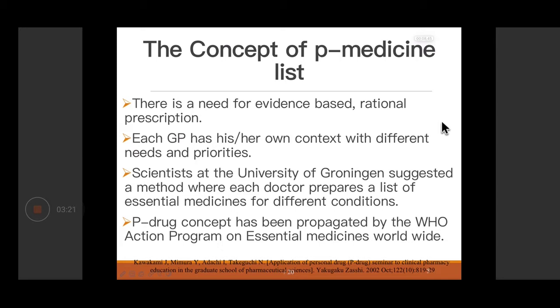The concept of P medicine has been propagated by the WHO Action Plan on Essential Medicines worldwide.